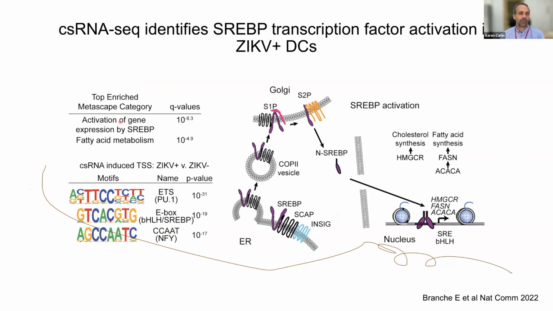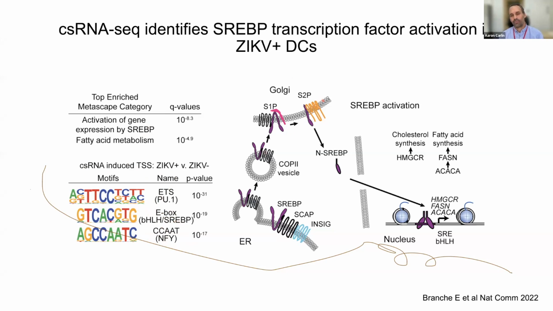And the top category was activation of gene expression by SREBPs, which are basically a family of transcription factors that are key regulators of lipid biosynthesis. Additionally, when we looked at those motifs that were upregulated in the Zika virus infected cells, we found an E-box motif, which can be bound by SREBP, as well as a CCAT motif, which is bound by NFY, a transcription factor known to collaborate with SREBPs to drive lipid activation.